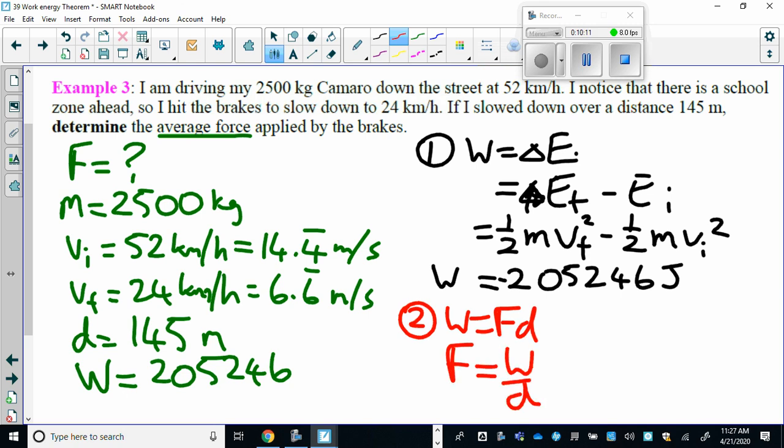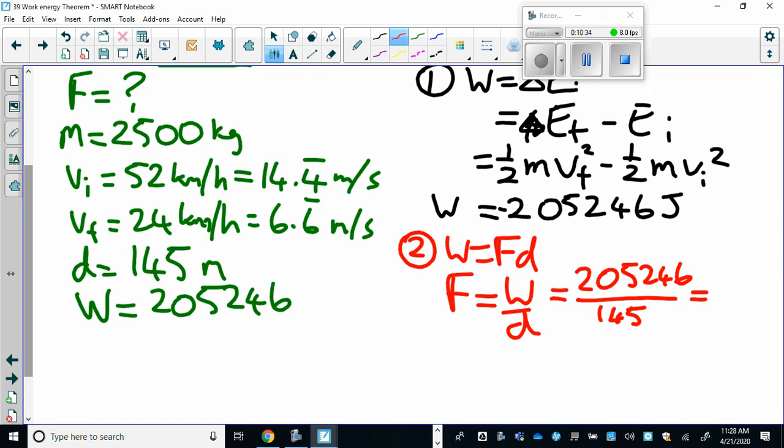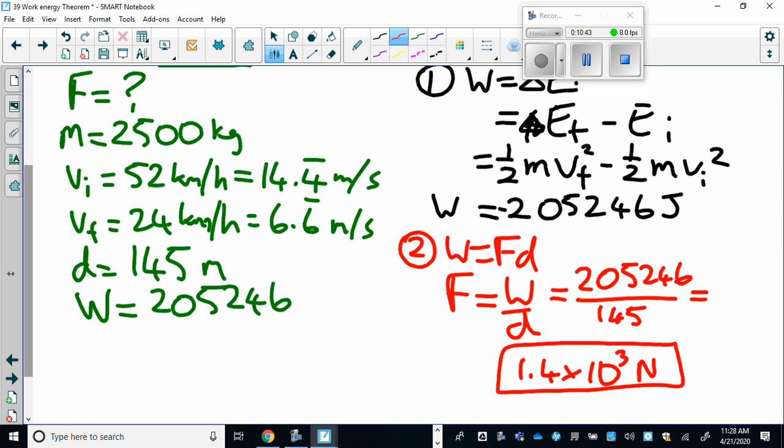It just ends up being the work divided by the displacement, which gives you an answer of 1.4 times 10 to the 3 newtons. And you don't really need the negative because work is a scalar quantity, so the negative is kind of irrelevant in this question.